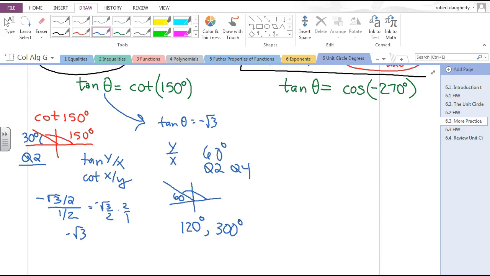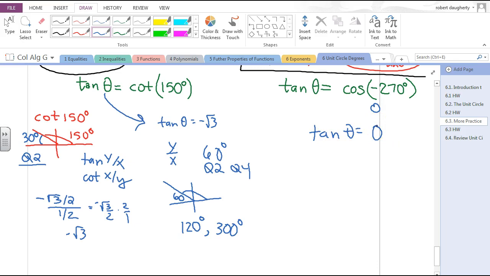What's the cosine of negative 270? 0, because it's the x-coordinate. Negative 270 puts you right up here. The x-coordinate is 0. So this is 0. This means the tangent of theta equals 0.